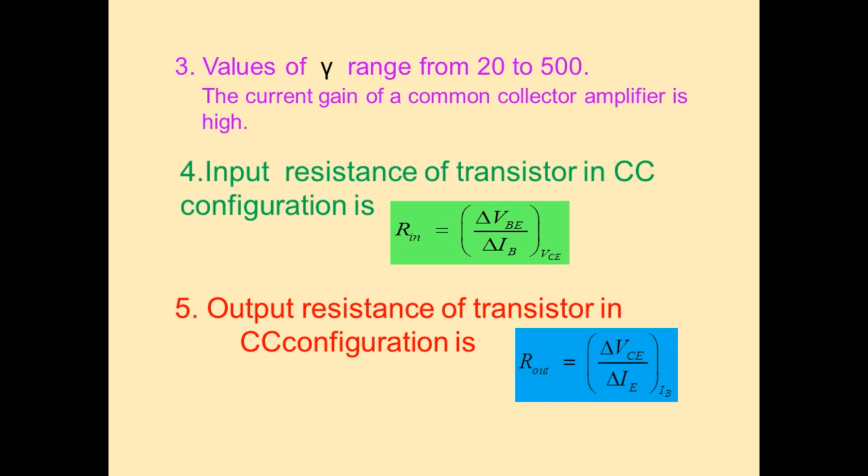Next, the fourth one, the input resistance of a transistor in common collector configuration. It is measured when VCE is kept constant. VCE means voltage across collector and emitter, output voltage. When we maintain the output voltage as a constant fixed value, the input resistance of the transistor can be measured.